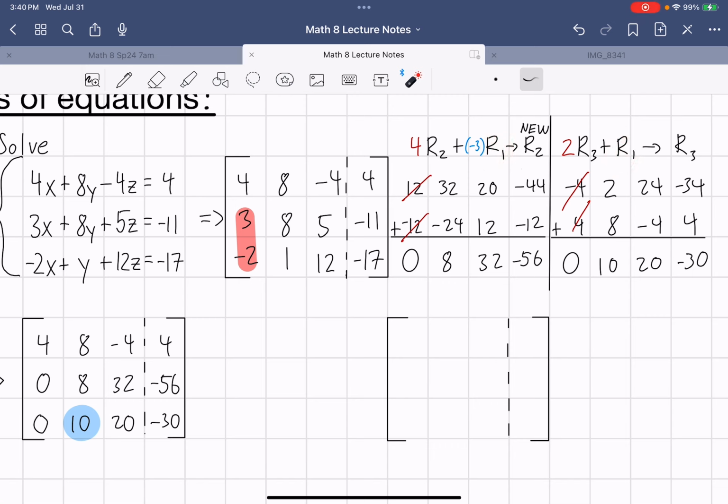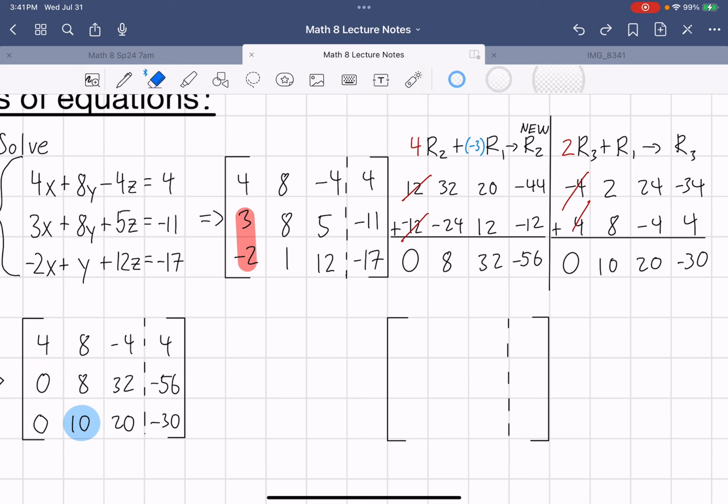Because if I use the first row, the problem would be I could get rid of this 10, but this 4 will eventually add with this 0, and it's going to change its value, which I don't want to do. But here, if I multiply each row by a value, 0 isn't changing. And once I add them together, 0 plus 0 is still going to give me 0.